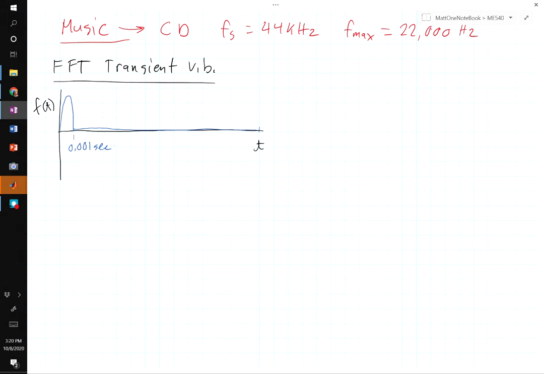All right, so if we tried to use the FFT on this, and we set T right here, we'll get big errors in the response, because the FFT would be assuming that this pulse repeats itself every T seconds.